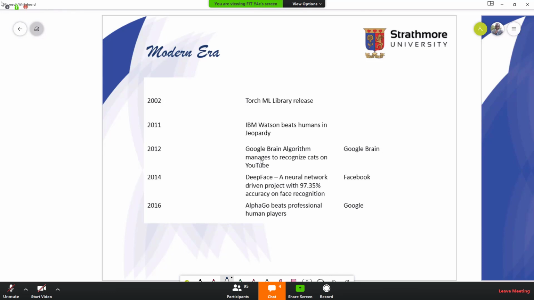Then Google Brain managed to do something in 2012. The algorithm able to recognize cats on YouTube might sound funny and silly, but this is not easy. Computer vision is one of the most difficult areas of AI. Then 2014, Facebook published their work on DeepFace, which is facial recognition software.